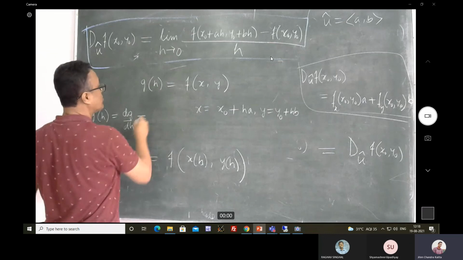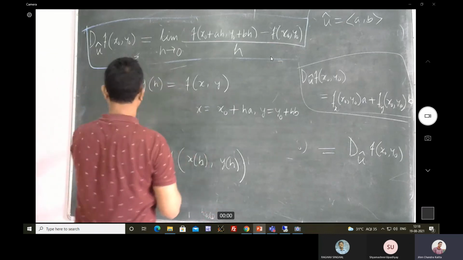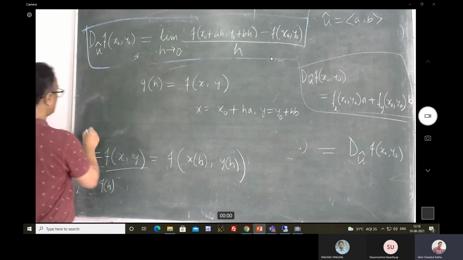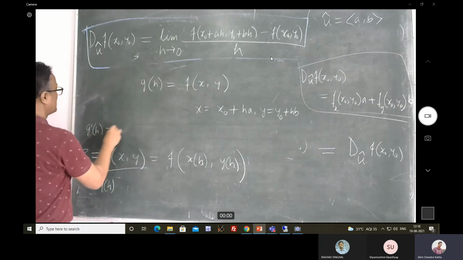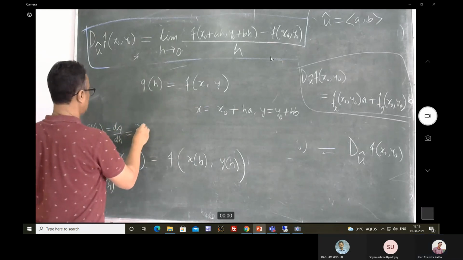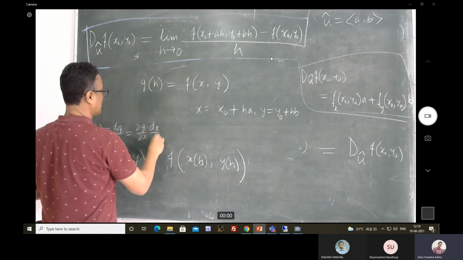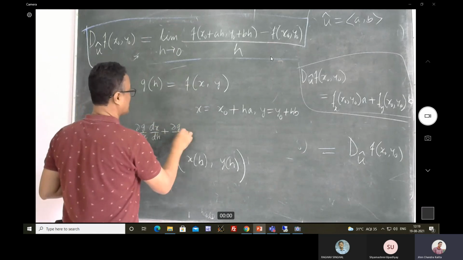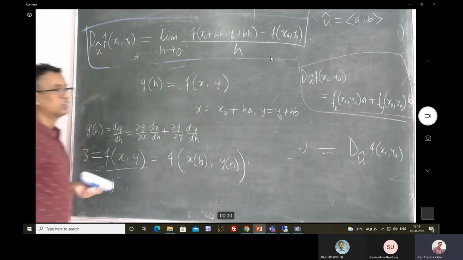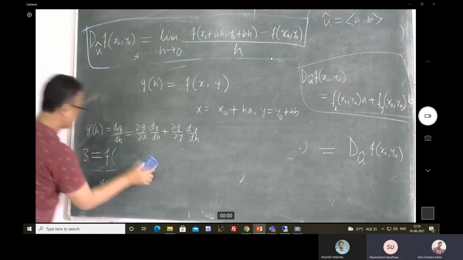So then this is going to be, by the chain rule, the following. Is it okay? Fine. So now, yes, I can do it.